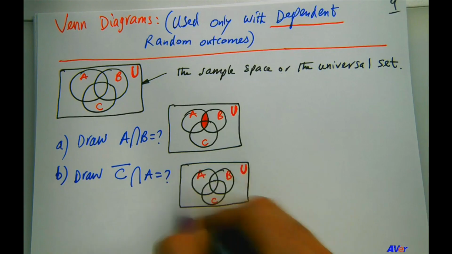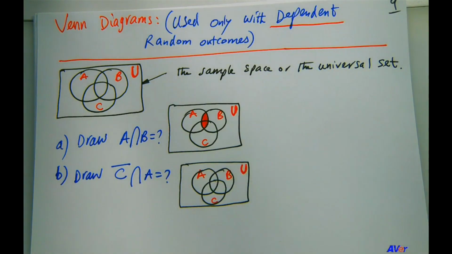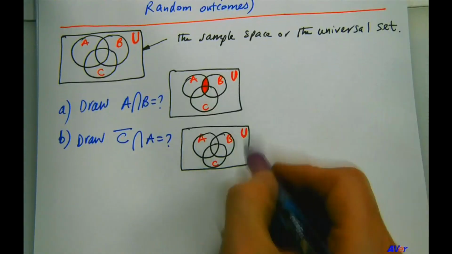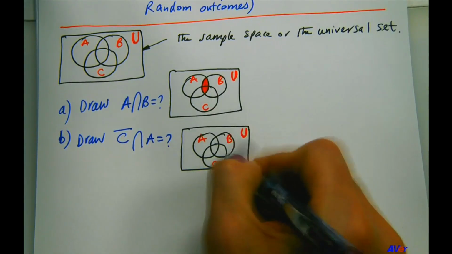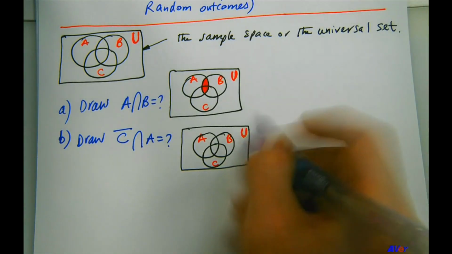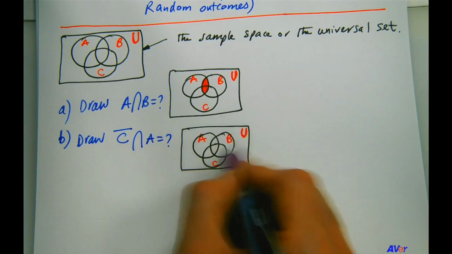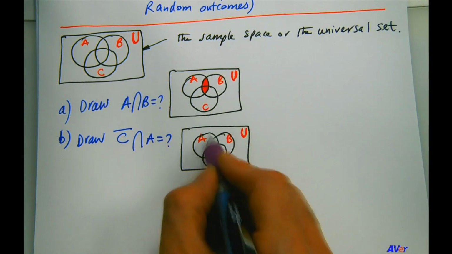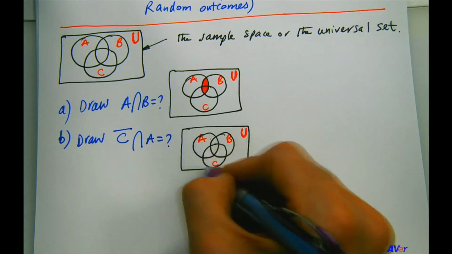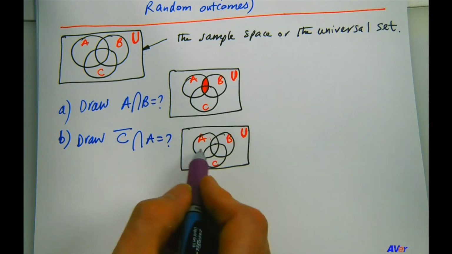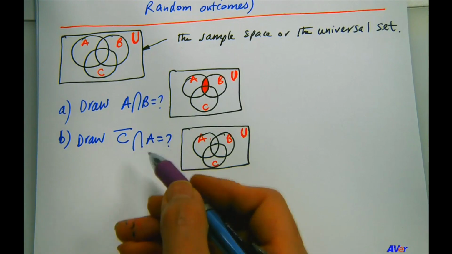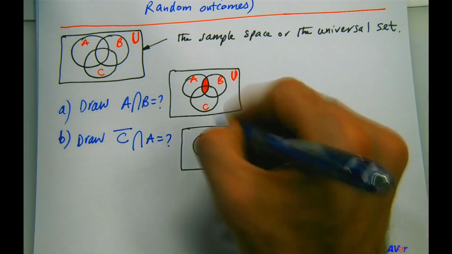Because the box is the sample space, so we cannot go outside of this box. Okay? So C bar is everything outside of this circle C. But we want to take the intersection of that with set A. Anything that is outside of C but has an intersection or overlapping piece with set A. Well, that would be just this piece right here.